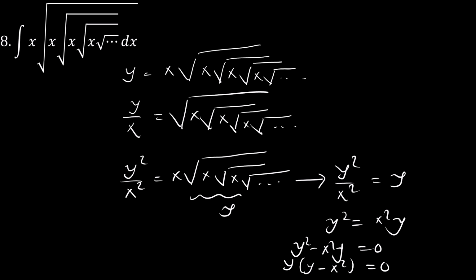So we ignore the trivial term, which is y equals 0, and we go with the non-trivial one, which is y equals x squared.